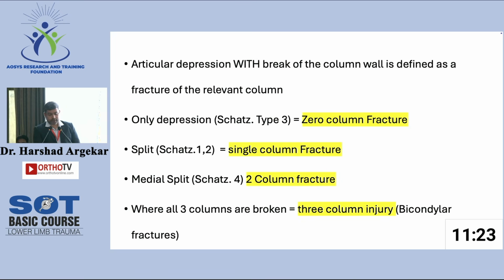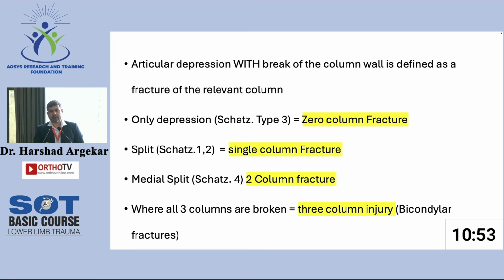When you have an articular depression only, without a break of the column, that is the third type of Schatzker, a zero-column fracture. Then a split, usually one compartment, is type 1 of Schatzker, a single column. When you have a medial split, it is more likely a double column because you have an anterior part as well as the posterior part.